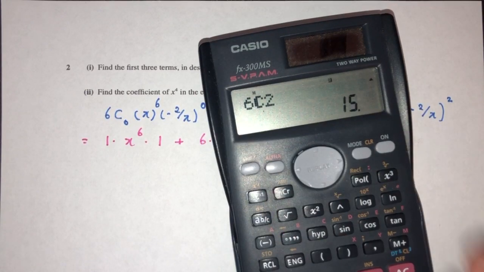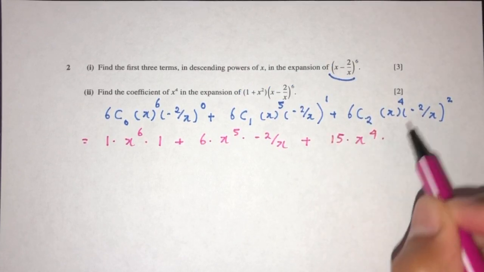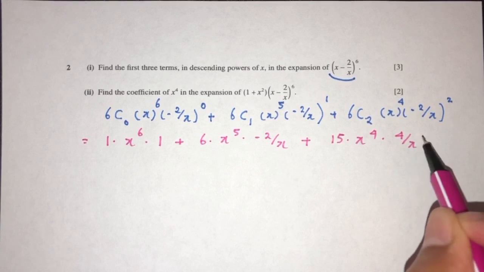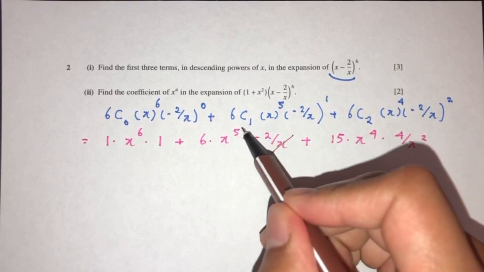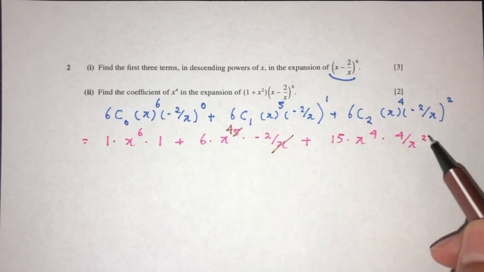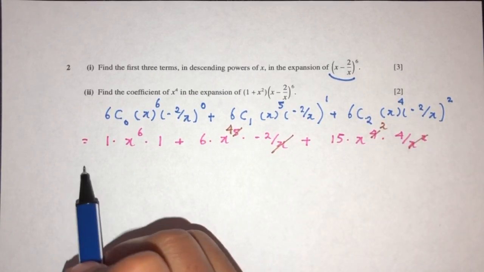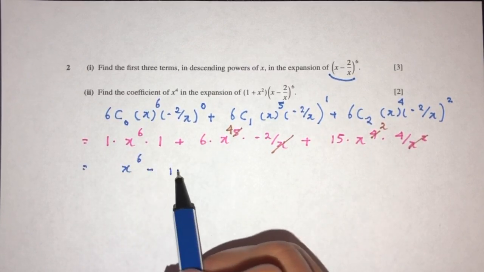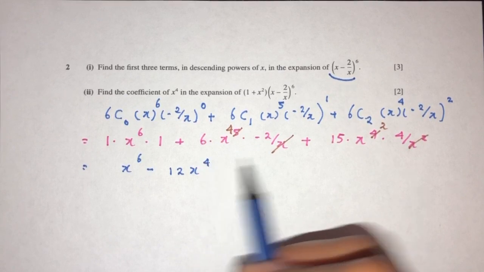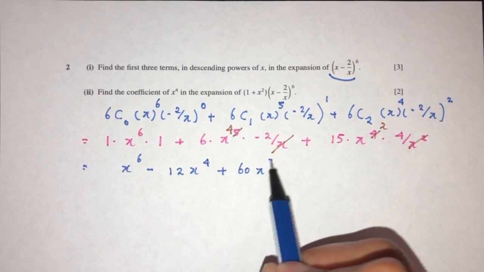Let's see, that should be 15. And then that should be x power 4, and that should be 4 over x power 2. So simplify, cancel, that should be 4 here, and here we have cancel, that should be 2 here. Now let's simplify. Here we have x power 6, and here we have minus 12x power 4, and here we have plus 60x power 2.